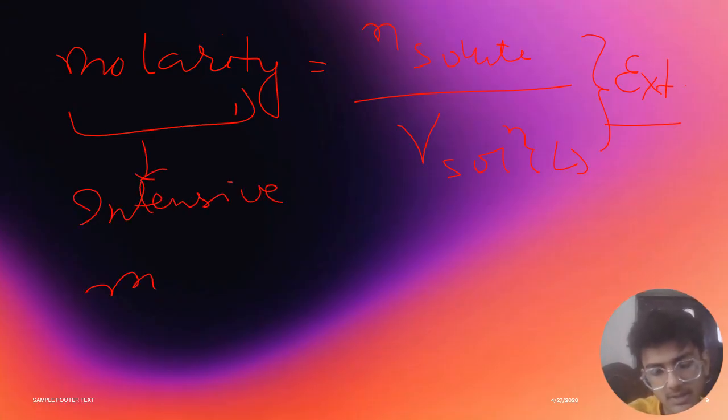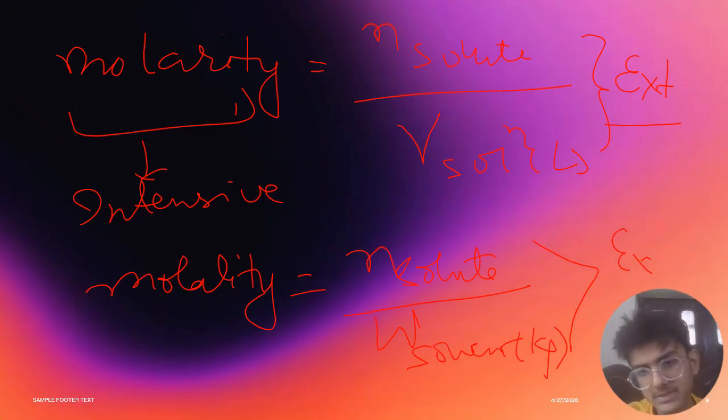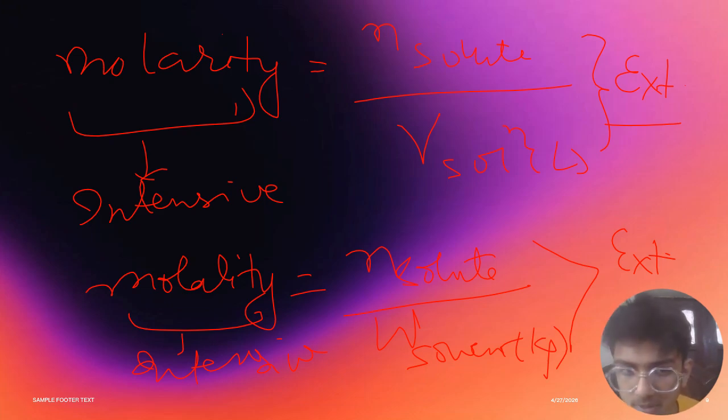Again, molality is the number of moles of solute over the weight of solvent in kilograms. Again both are extensive properties, and this comes out as intensive. This is one of the most important things which you must understand: the ratio of two extensive properties is an intensive property. I have given you clarification through three examples also.